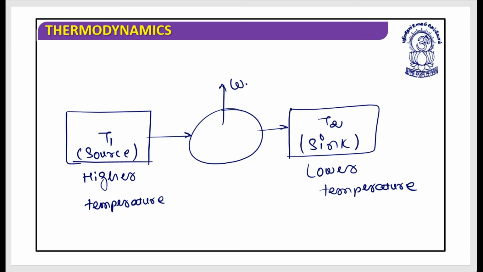You are going to absorb certain energy from the source, give this to the working substance, and it will pass on certain energy to the T2, which is at lower temperature.